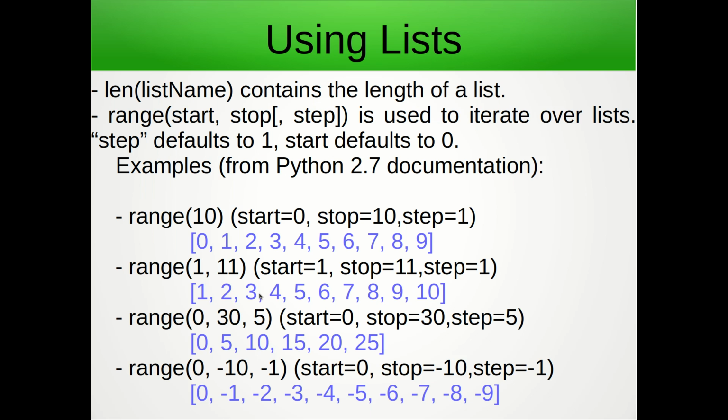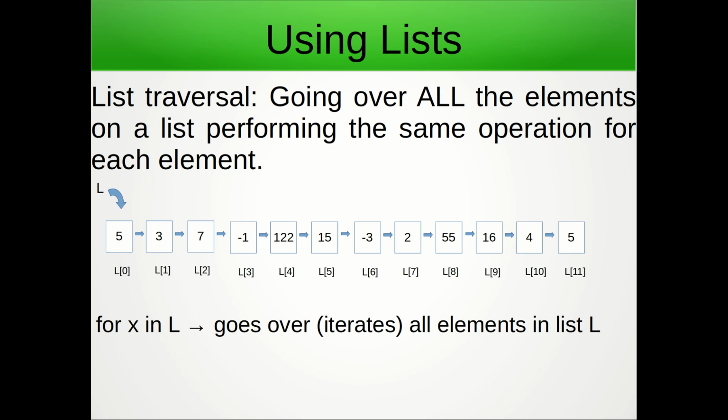Okay? We will see two main algorithms to work with our lists. We will see list traversal and list search. And let's begin with the first one. In list traversal, I'm going to visit in order, using the iterable property of my list, all the elements in one particular list, and I will be doing the same thing for each element.